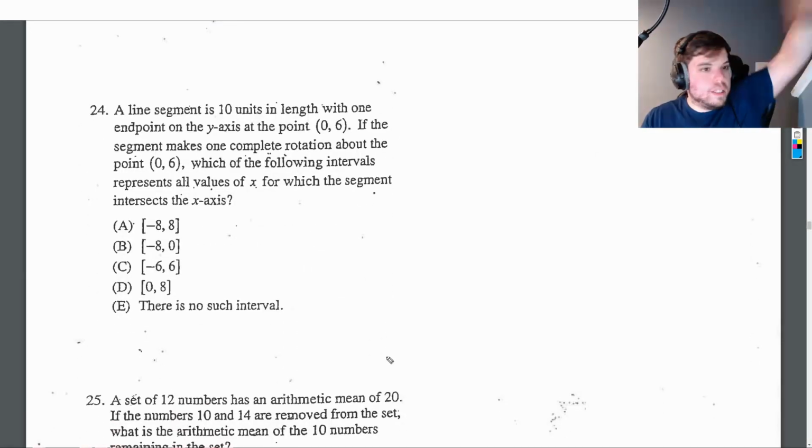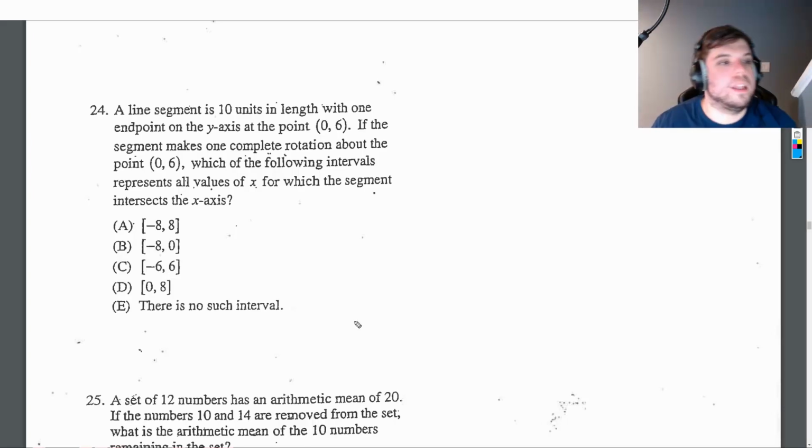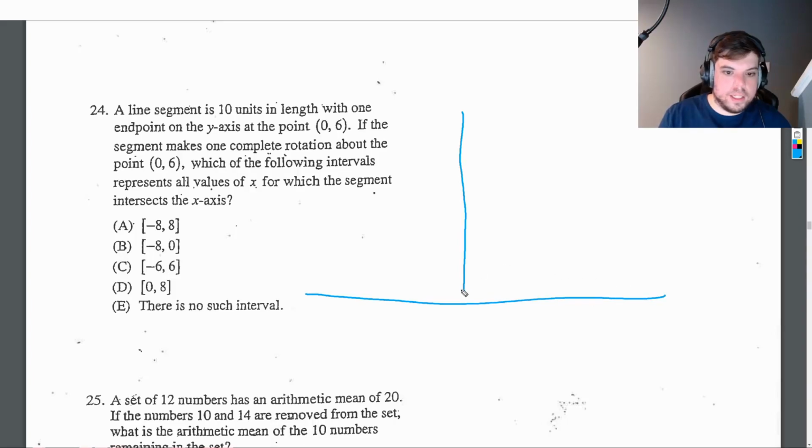A line segment is 10 units in length with one endpoint on the y-axis at the point 0, 6. Oh god, this is already sounding like something I'm going to want to draw. So a line segment is 10 units in length, one endpoint on the y-axis at the point 0, 6. Okay. So here's our y-axis.